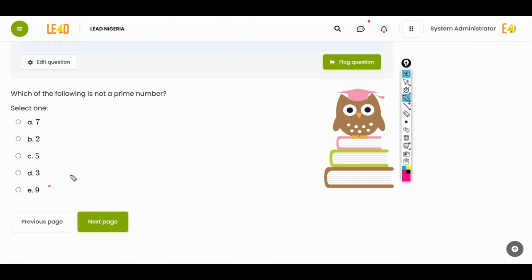So that is 9, because 9 is not a prime number since 9 can be divided by 3. But if we check the others, 7 can only be divided by 1 and 7. 2 can only be divided by 1 and 2. 5 can only be divided by 1 and 5. 3 can only be divided by 1 and 3. So the correct answer here is 9. 9 is not a prime number.